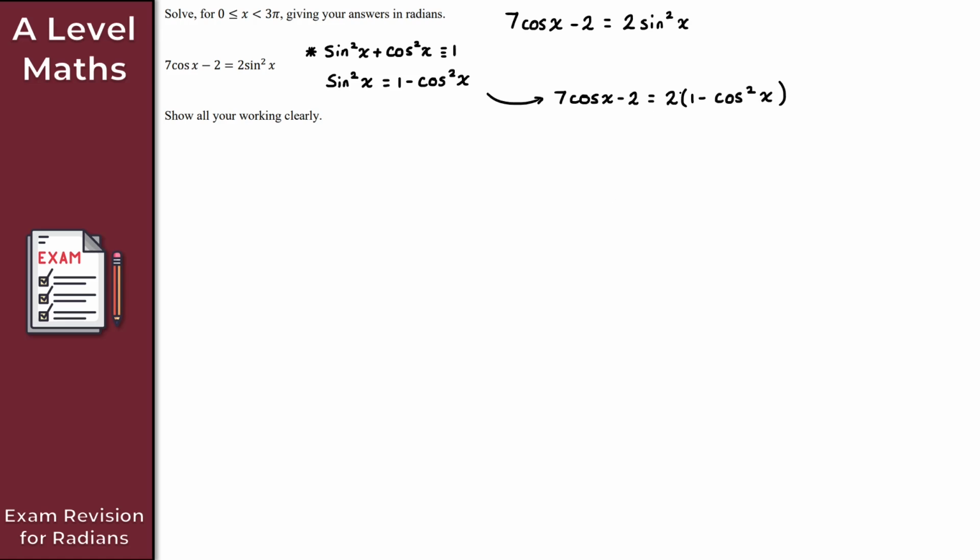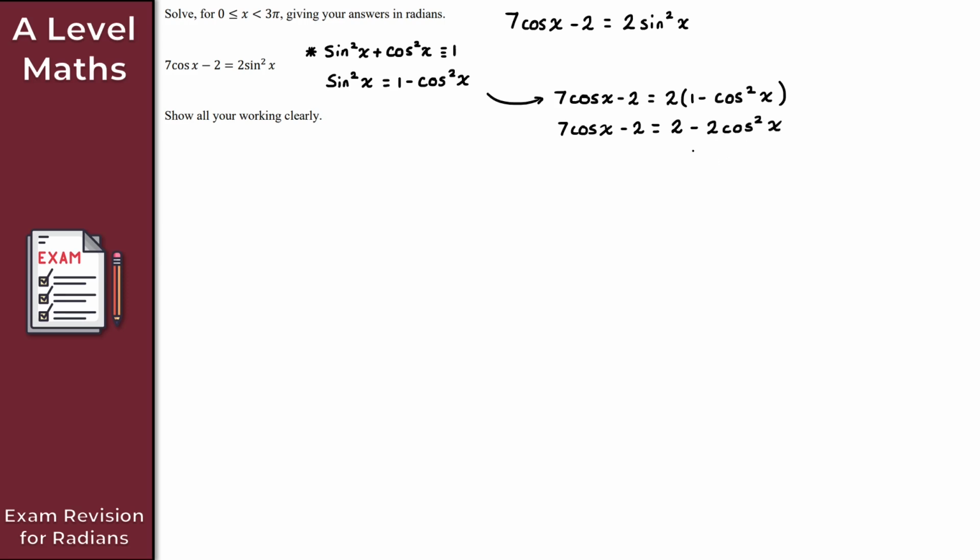Like so. If we expand this out, the left-hand side again won't change. We get 7 cos x minus 2 is equal to 2 times 1, which is 2. 2 times minus cos squared x gives us minus 2 cos squared x.